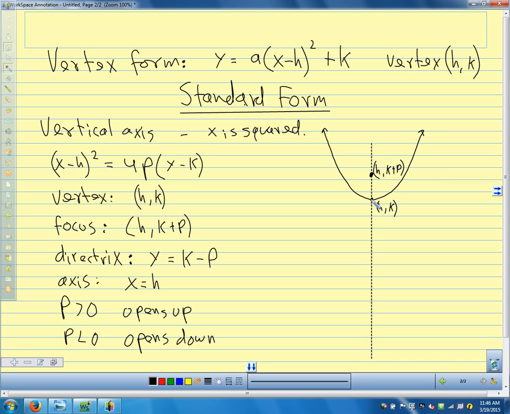So p tells us how far we move from the vertex to the focus. And then our directrix, I'll do our directrix in red down here. So there's our directrix, and that's going to be the line y equals k minus p.